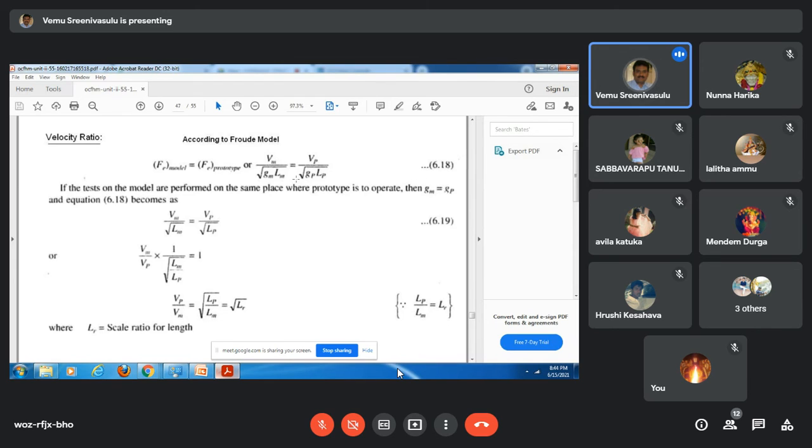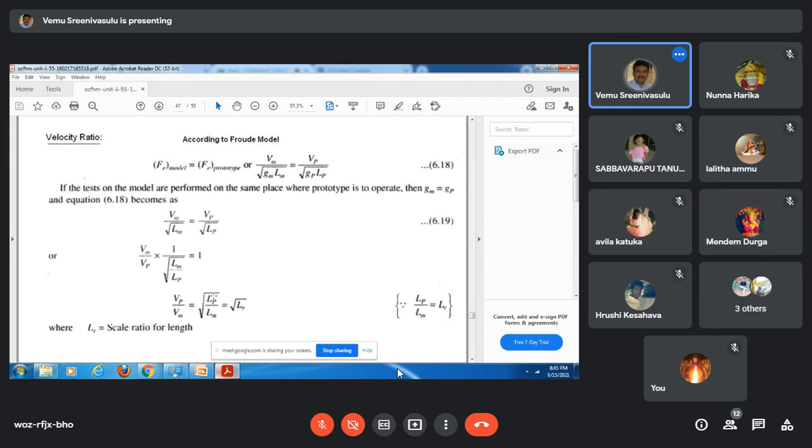Then you can take away the G value. Then it will be simplified as Vm by square root of Lm is equal to Vp by square root of Lp. Right. So Vp by Vm is equal to square root of Lp by Lm. So what is Lp by Lm?